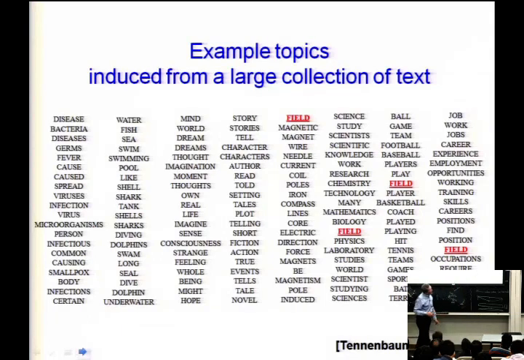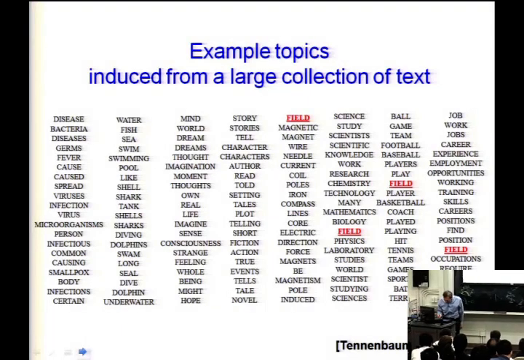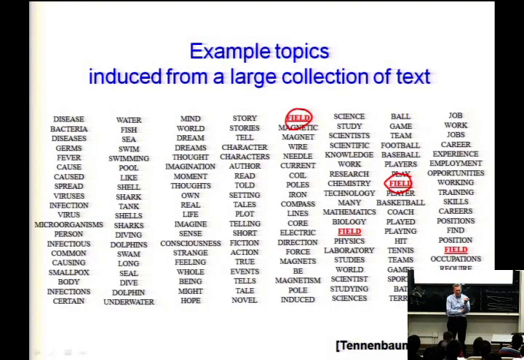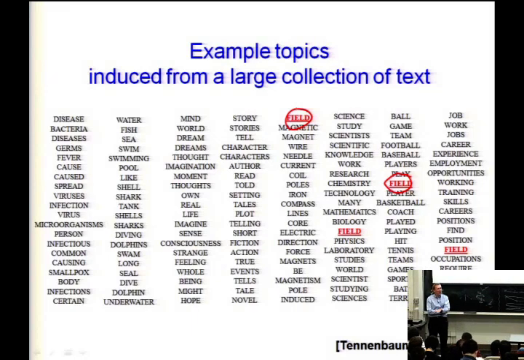One thing you notice that's interesting is that these words in red actually occur in many columns. Each one of these topics is a full distribution over words, so the same word can, in principle, be generated with different probabilities according to the different topics.